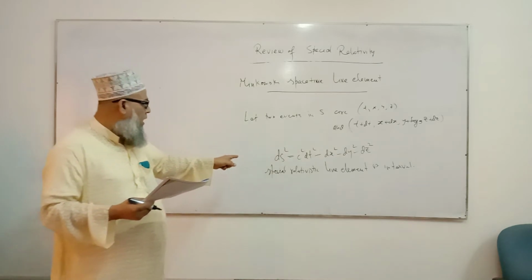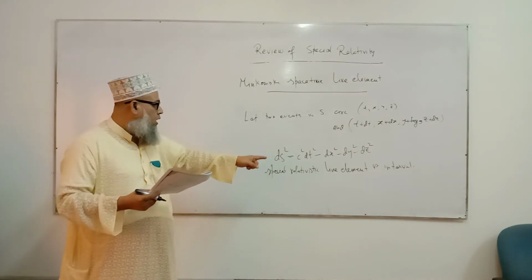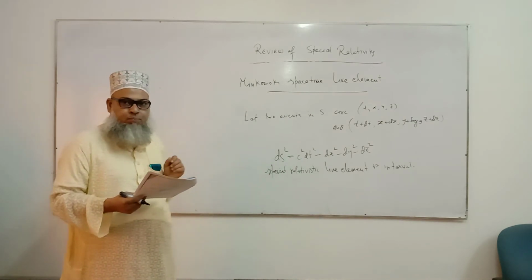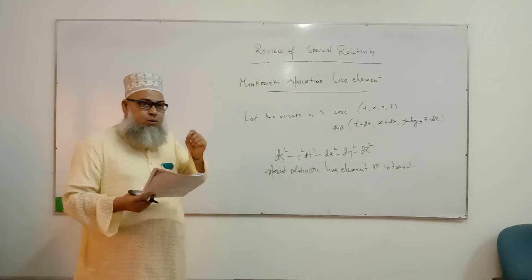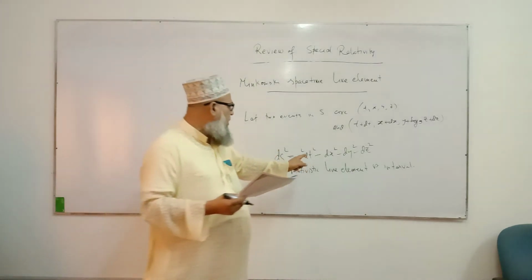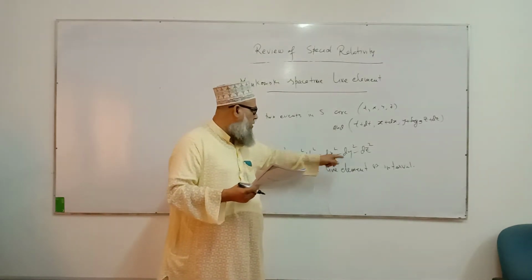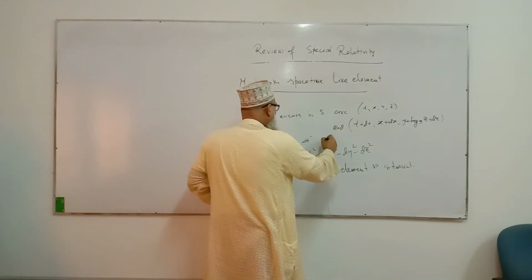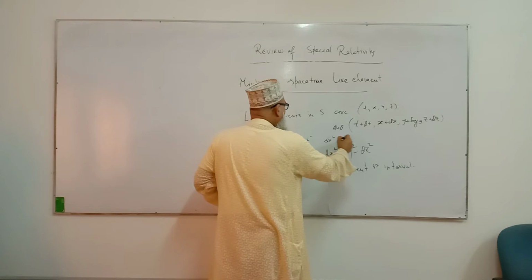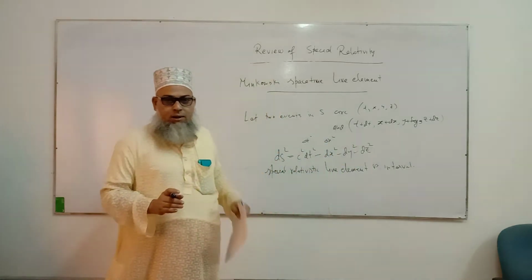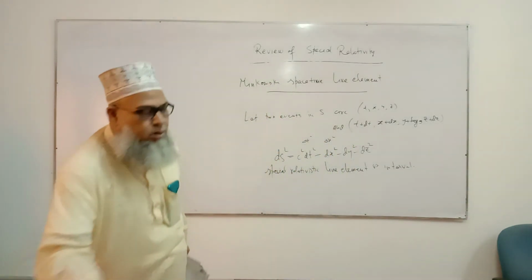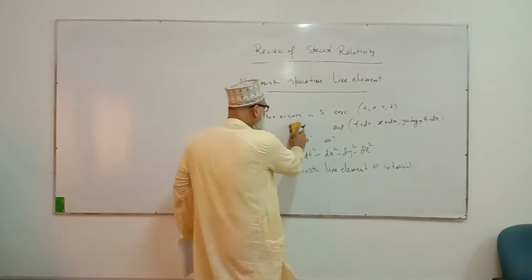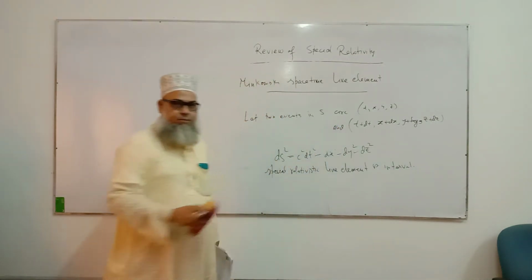In that case, the relativistic line element or interval is given by this formula. If you take a little greater separation, then you can write del t, del x, you can write this also. But the actual line element is not that. The actual line element is what I have written here. Okay.